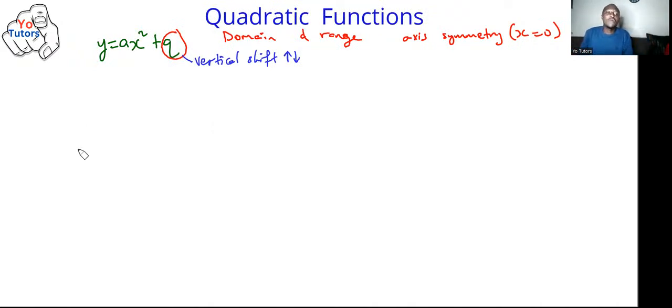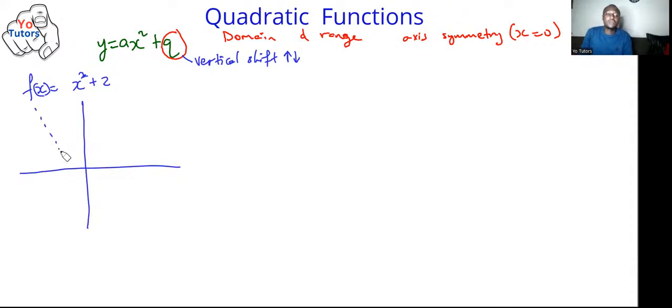Let's say, for example, here we have f of x equal to x squared plus 2. When it's x squared plus 2, we know from our knowledge now that x squared is the mother graph. Now it means that it's starting from where?